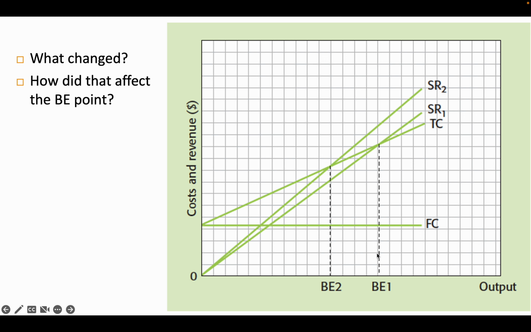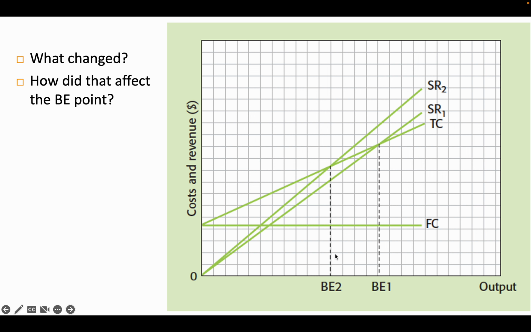Essentially, the question is, how did that affect the break-even point? So the original break-even point was here, and when the change increased the sales revenue line, the break-even point moved downwards.